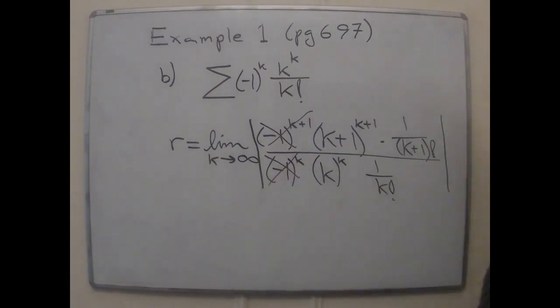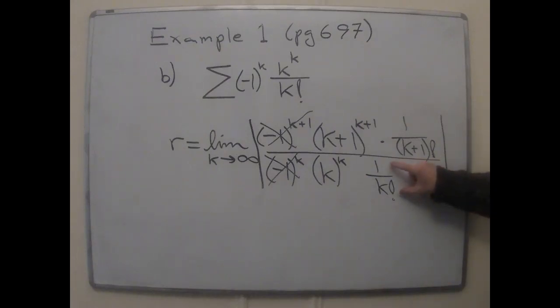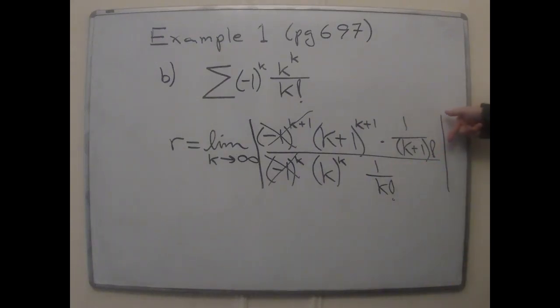Any negatives can be eliminated from it. The other piece of simplification we can do is right here: 1 over k plus 1 factorial divided by 1 over k factorial. Just the thing I did when I was on the screencast. Instead of dividing by this, multiply by its reciprocal, and you end up with 1 over k plus 1.